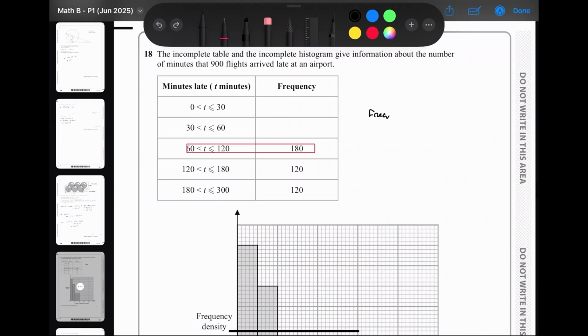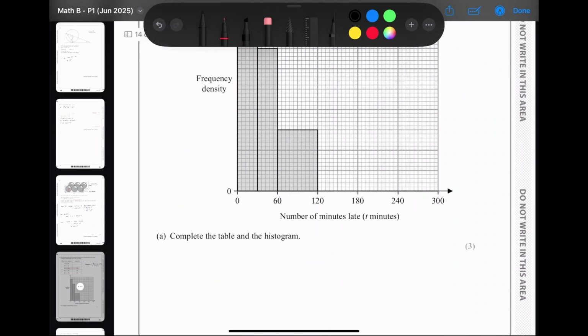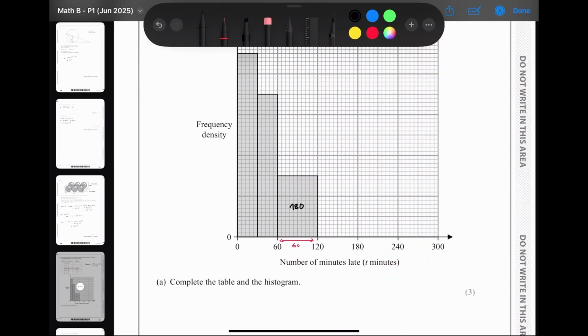By using this formula, we can find the frequency density and then draw the rest of the graph. For the third row, we see the range is about 60. The frequency is given 180.